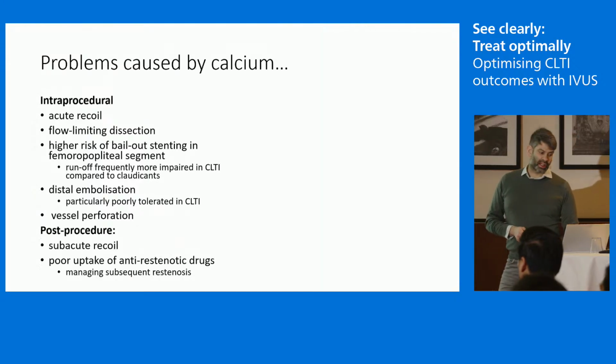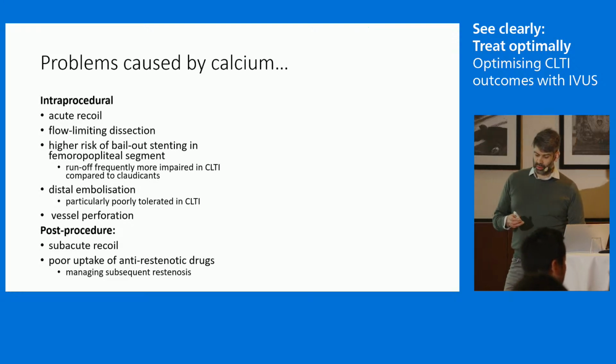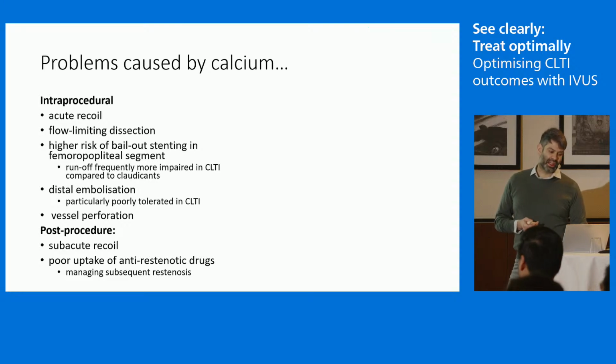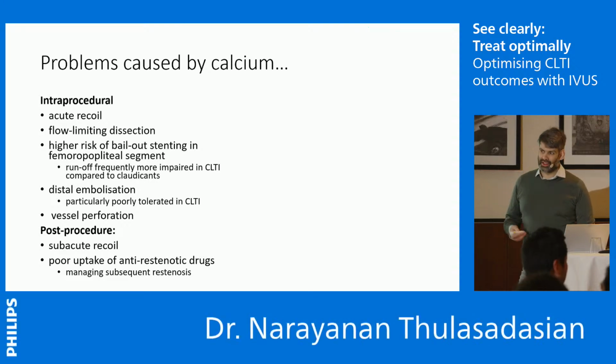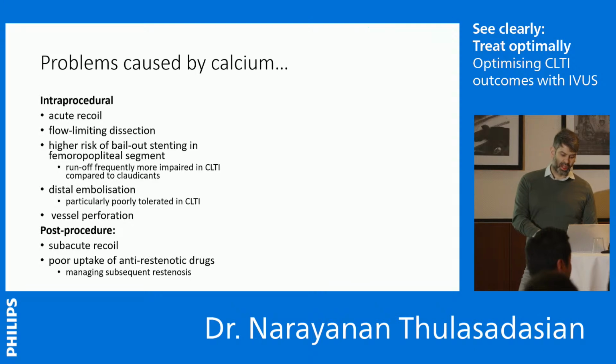Post-procedure, we can get subacute recoil, and calcium also brings with it a poor absorption of anti-restenotic drugs. So not only do we have a stent that we've placed in a FemPop segment with poor runoff that's more likely to restenose early, managing that restenosis is then going to be even more difficult because we can't get our paclitaxel or sirolimus into the artery wall.